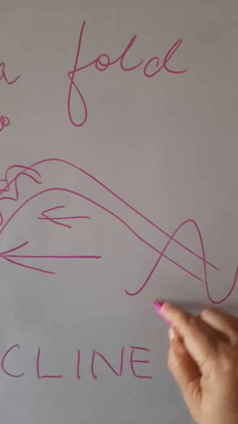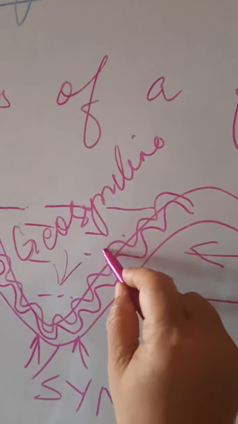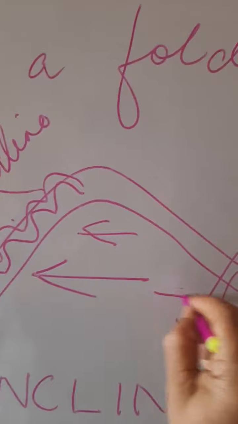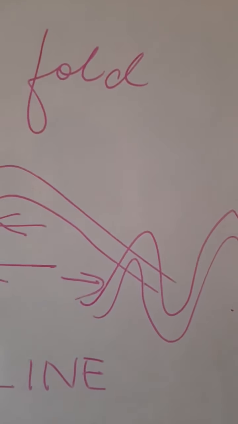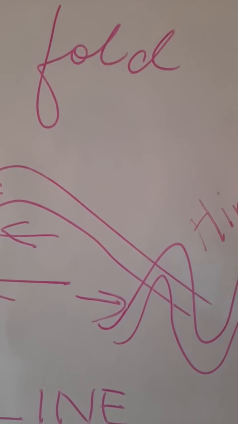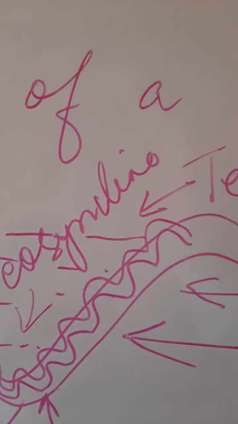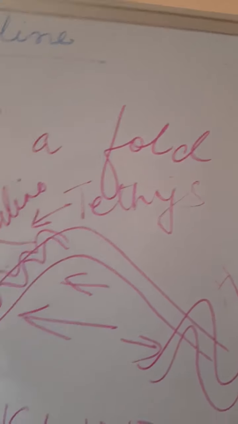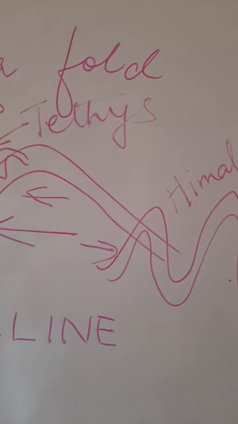All these small folds stand up and form this fold mountain system. So the Himalayas rose up from the geosyncline. This geosyncline was named Tethys. Thus, the geosyncline from where the Himalayas rose up is known as Tethys.